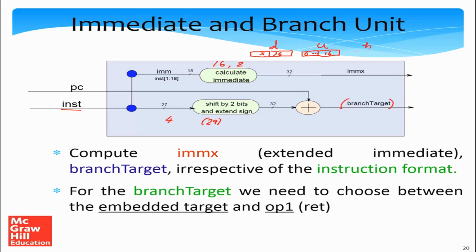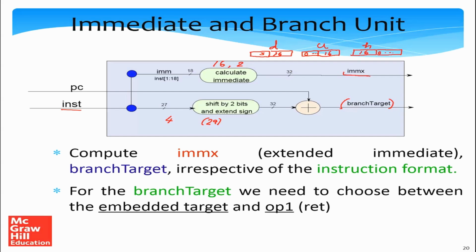If it's the H modifier, we write the 16 bits in the upper 2 positions, and in the lower 2 bytes we write zeros. So in this way we create a 32-bit constant by extending the immediate, and we call it imx.